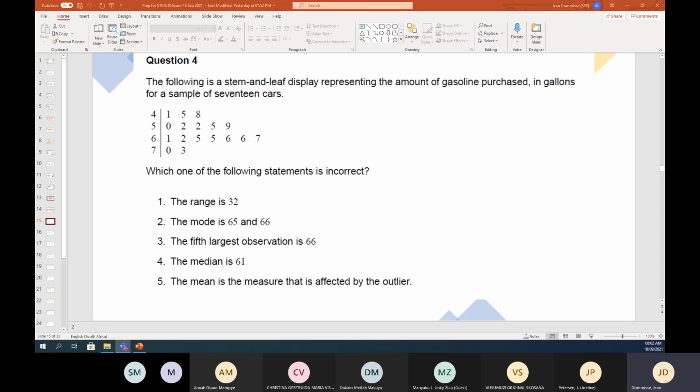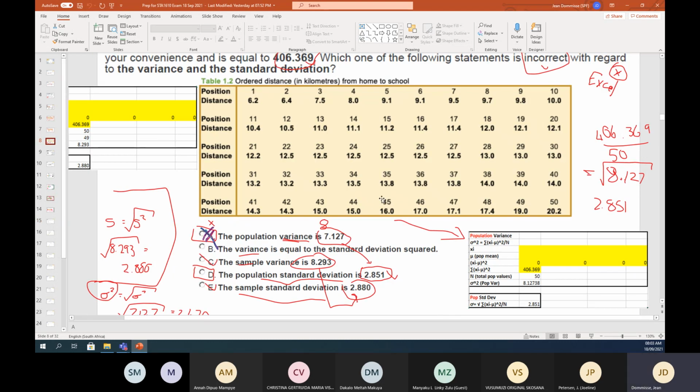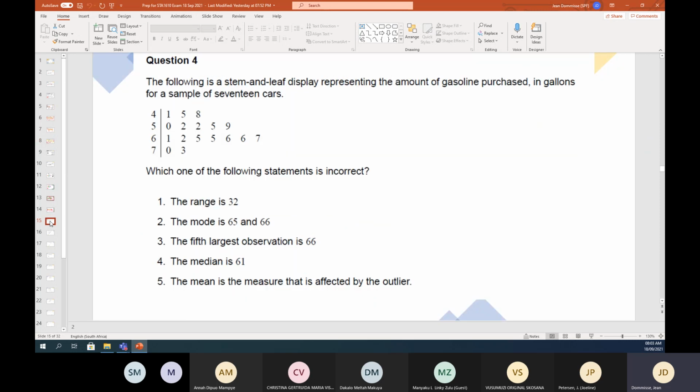Okay, so let's continue. We're looking at the stem and leaf, and in the stem and leaf they can ask us a few things that we need to look at, like when we looked at the normal table that they've given us. They can ask similar kinds of questions.